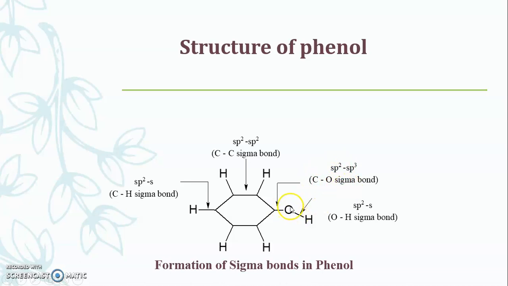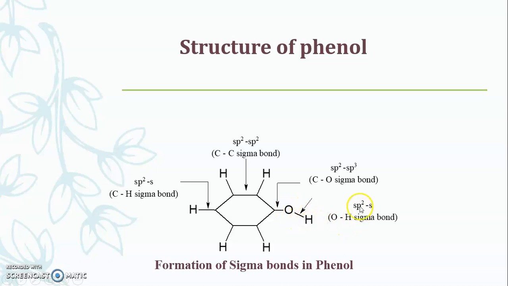Remember that this oxygen atom has 2 lone pairs of electrons, but they are not involved in deciding the aromaticity of the compound, because this oxygen atom is not a part of the cycle, that is the benzene. Also this oxygen atom is bonded to the hydrogen atom.